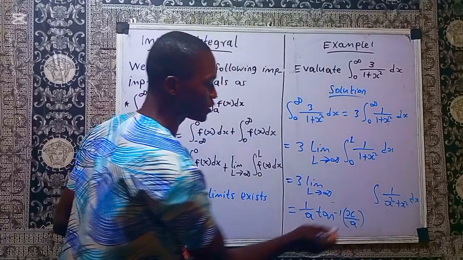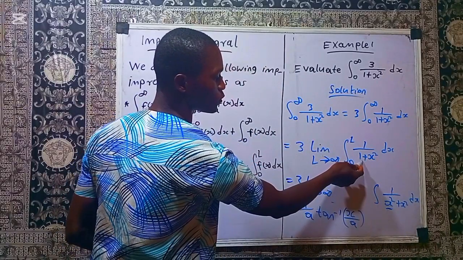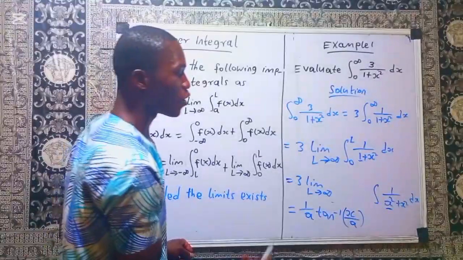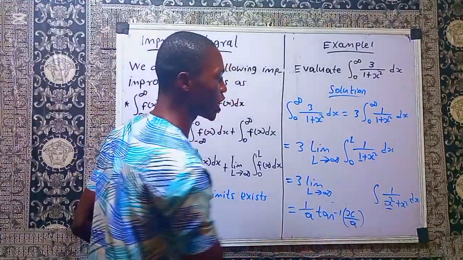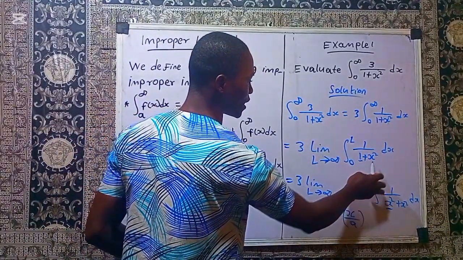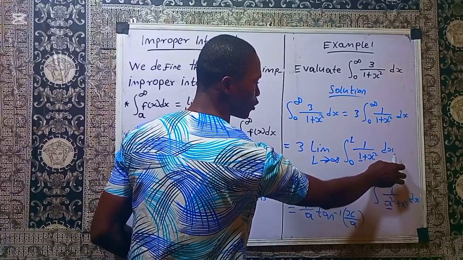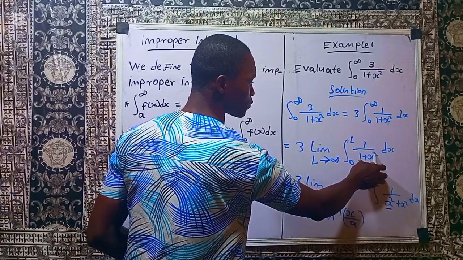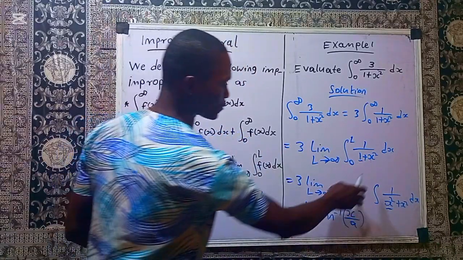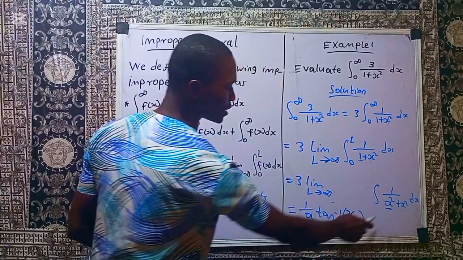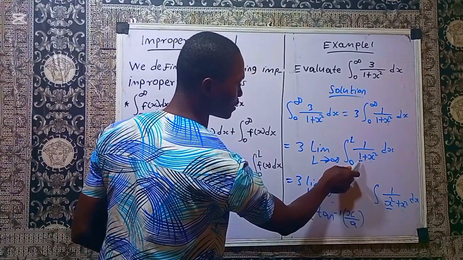Now in this, a squared is what? 1 here, right? Of course, the major thing is that you have plus here, you have a number here, and you have this variable you are integrating with respect to, squared. So we have x squared, just like this one. So this number here is this number here.